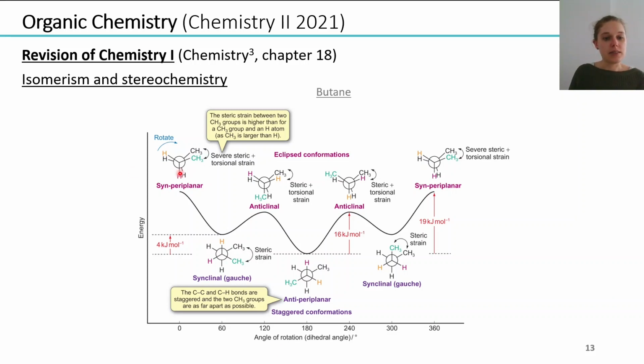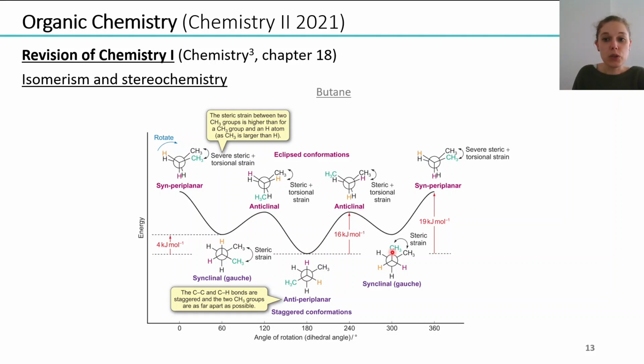And now it is important that we have a look at the central carbon-carbon bond, where we have a methyl group on the first carbon atom, as well as on the last carbon atom. And around this bond we then rotate. And again, we have intervals of 60 degrees of dihedral angles.